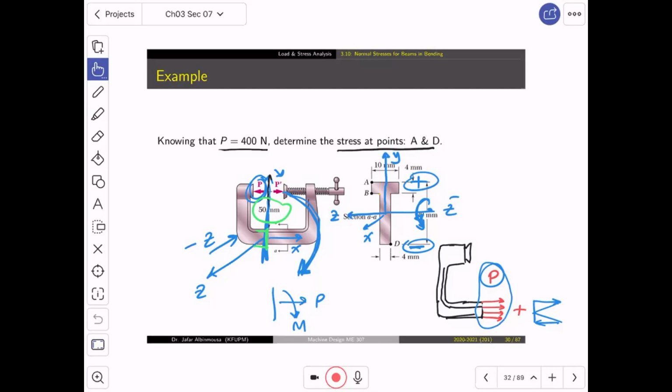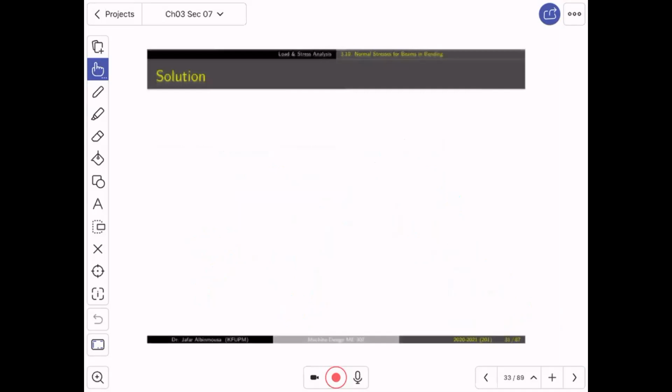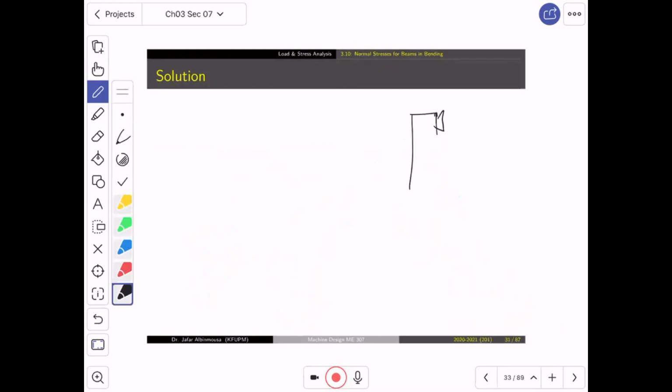Now, let's move on to our problem. So what are we going to do? We had a discussion on this. I think what I would like you to remember is the following: this vise, which looks like this, or a clamp, is going to have tension, uniform tension, because of P as a force, right?